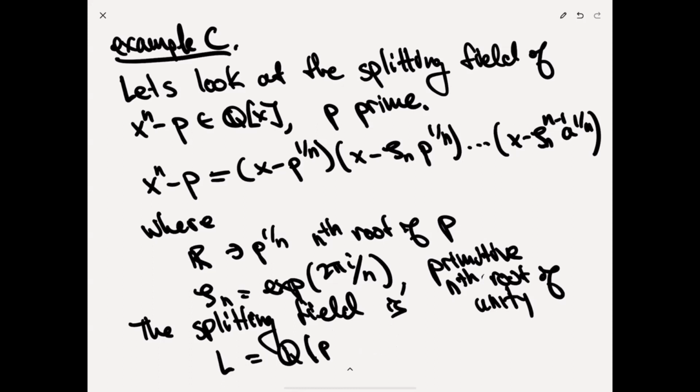Really, you can do this whole example with whatever a you want, and that's how I wrote it down originally, but I figure that's just extra notation, so I think this is plenty. Okay? So we adjoin all these roots, and we get this splitting field, and we can do some computation to simplify this.